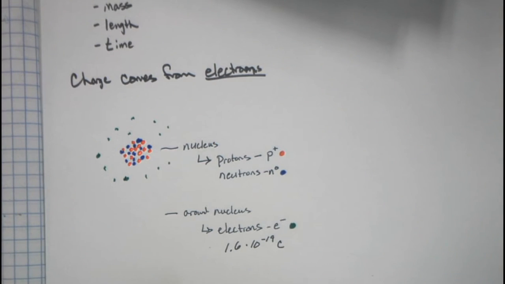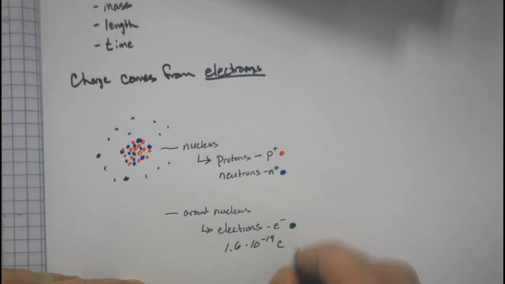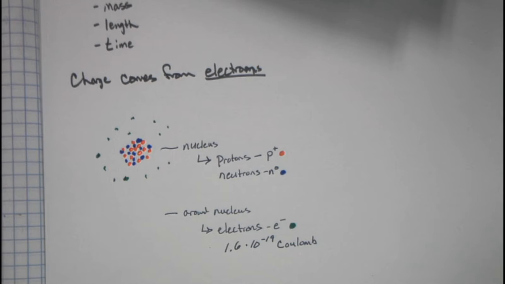It's this: the charge on an electron is 1.6 times 10 to the negative 19th coulombs. Coulombs. C-O-U-L-O-M-B is a Coulomb. It's a French dude.